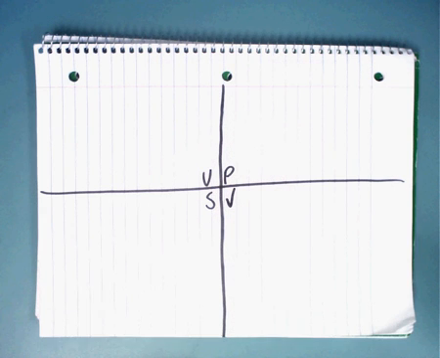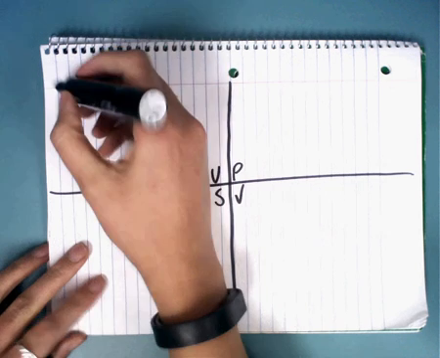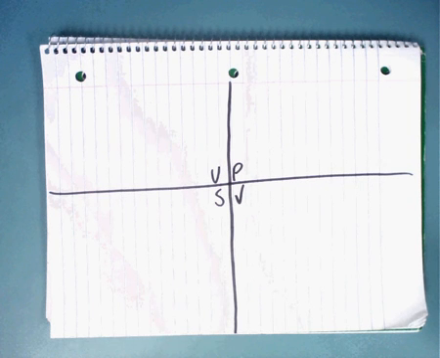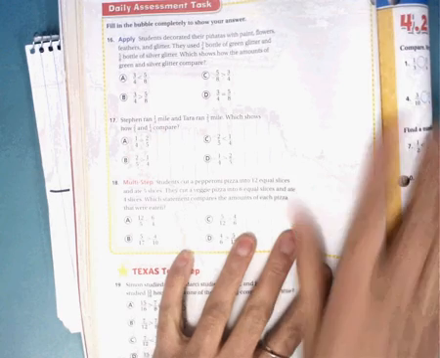So let's talk about what we know. It says they cut a pepperoni pizza into 12 equal slices and ate 5 slices. Well, that's pretty important. Actually, let's go ahead and cube before we do anything. That's a smart thing to do, right?